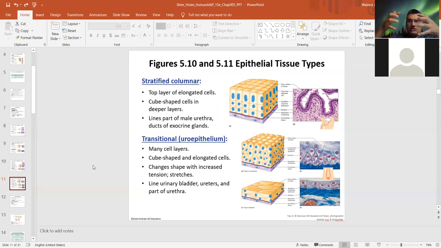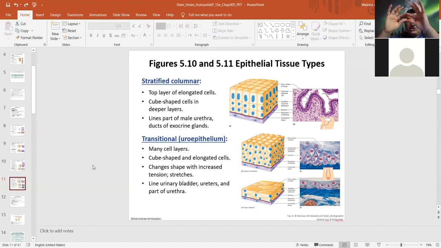So here is how it goes. If it looks like this, it can be like cuboidal cells. This is cuboidal. But if this is the bladder, for example, which is the most important location, when the bladder is extending and accommodating and filling with urine, it's going to transition from cuboidal to squamous.